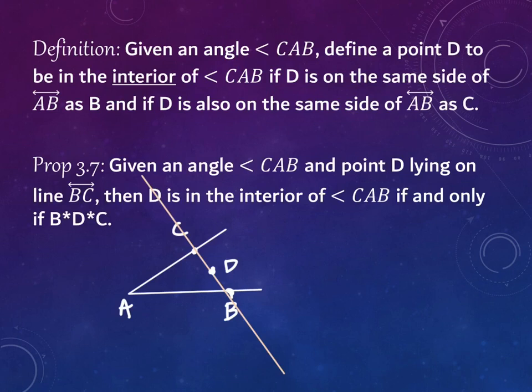So if it's going to be along the line, it has to be along the segment, which would mean that it has to be between them. That's that betweenness axiom. Did everybody get that one written in?